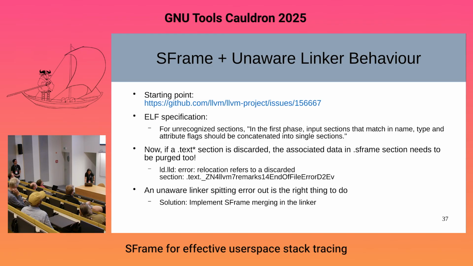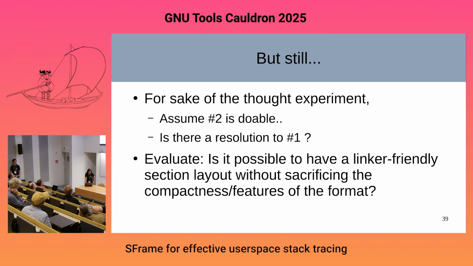Basically, I've been talking to Fangrui and Alexander too, on and off, but we have been communicating a bit. In general, it's philosophical, and it's not just SFrame. In hindsight, each frame has a similar need to indicate an index. Debug names is another section where you need this index.